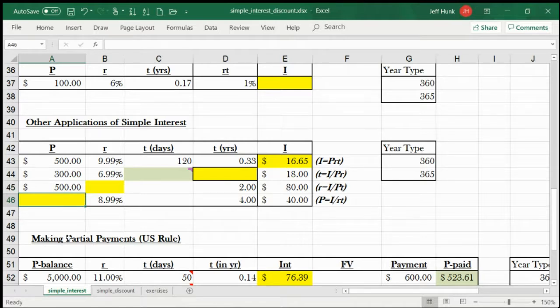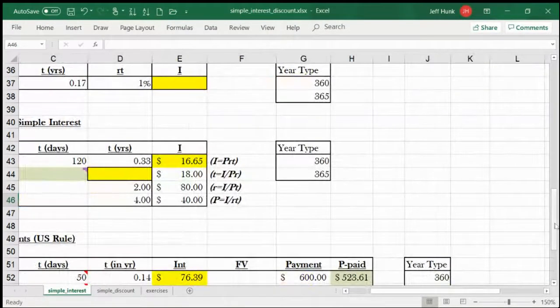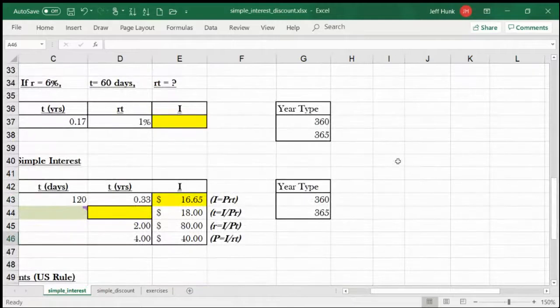So we're going to do, but let's think about it. Here I put all the formulas there, but let's think about it.